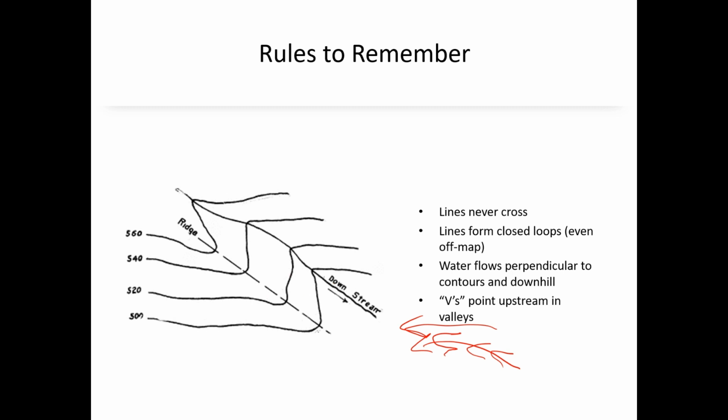I can see in this photo the V's are pointing upstream because the river is going that way. You'll get a couple of questions asking what direction the river is flowing, and maybe you'll get a north-south type of compass. You'll just say the river is flowing south, because that's where downstream is.